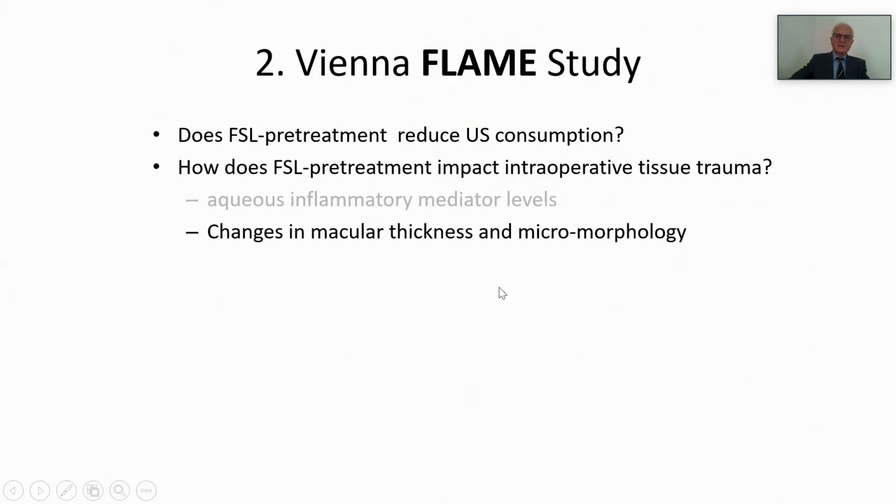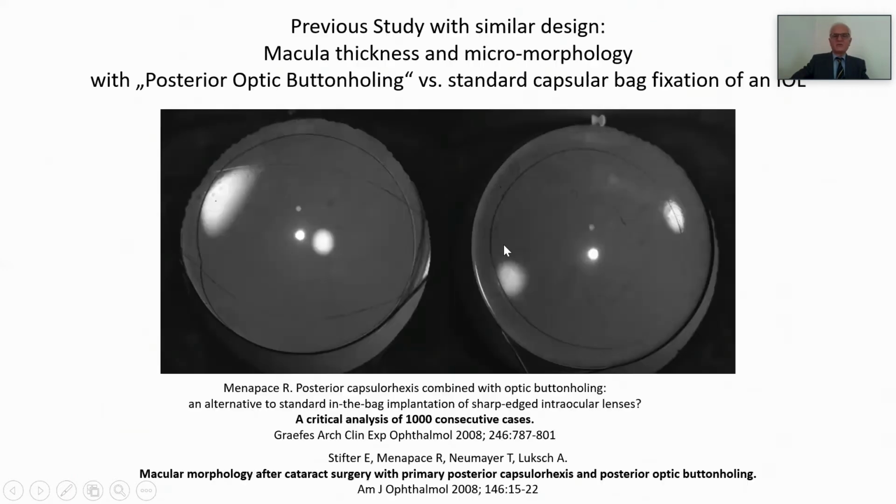The third study we did was the FLAME study. This was meant to answer the question whether the pretreatment reduces the ultrasound consumption and what are the changes in macular thickness and micromorphology.